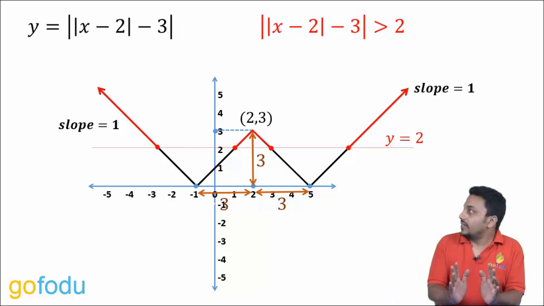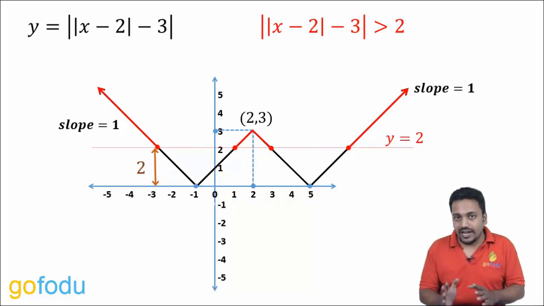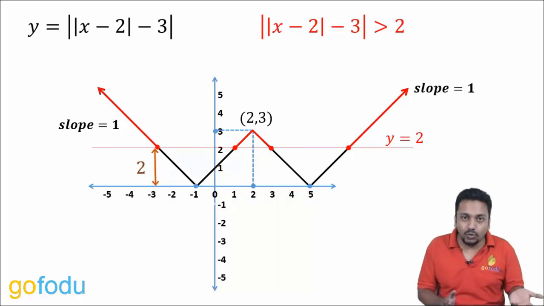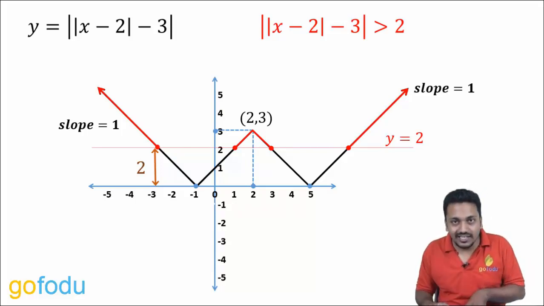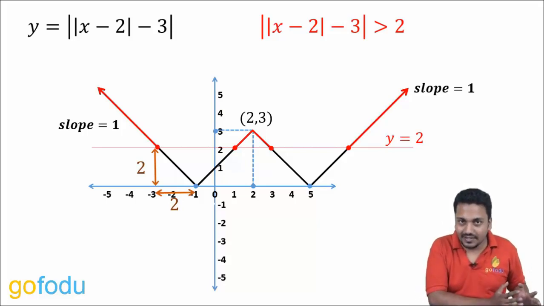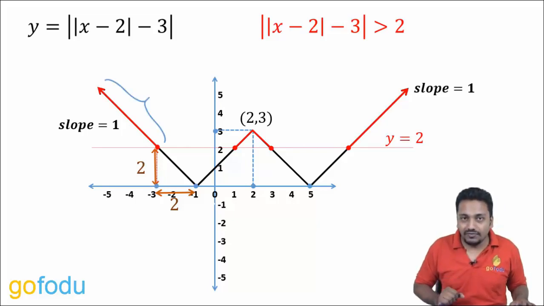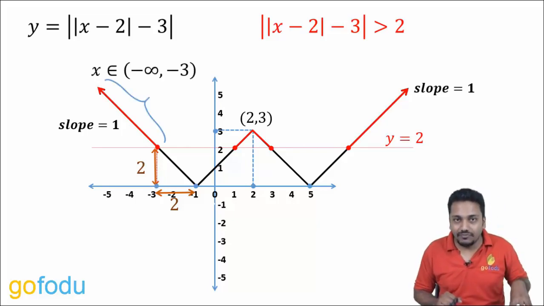Now this point of intersection has a y coordinate of 2 units, as y is equal to 2 is at a distance of 2 units from the x-axis. Now this means on the x-axis it will be at a distance of 2 units from minus 1, that is at minus 3. So the x coordinate for this red part of the graph will be x belongs to minus infinity to minus 3.